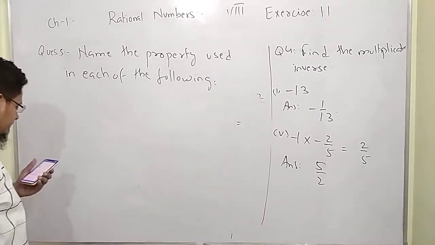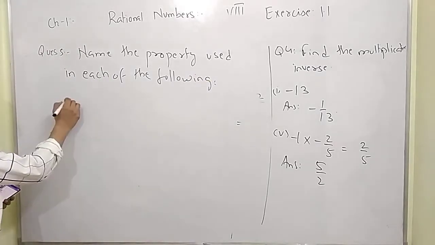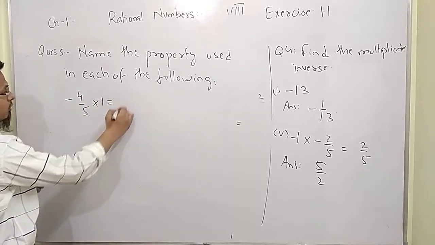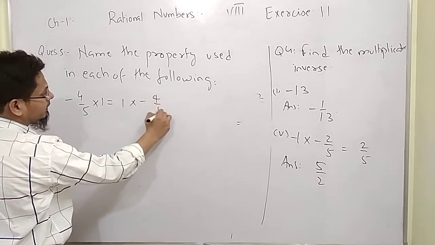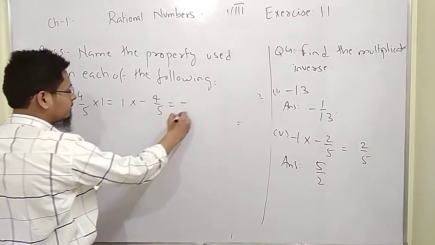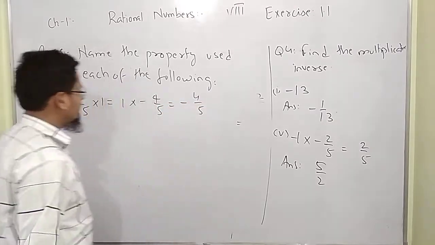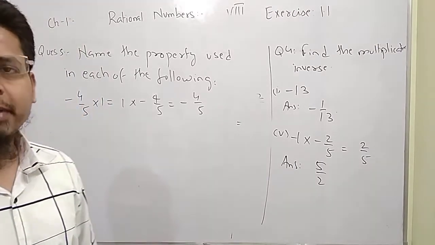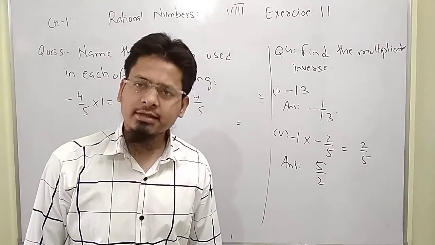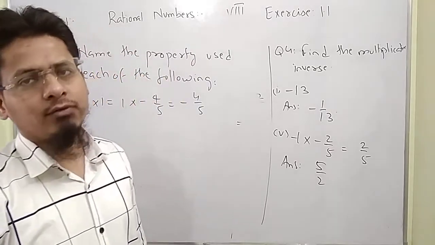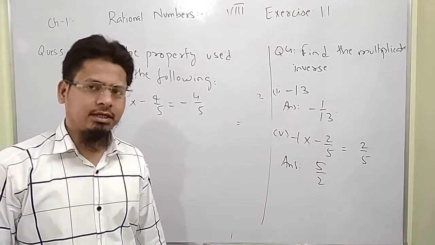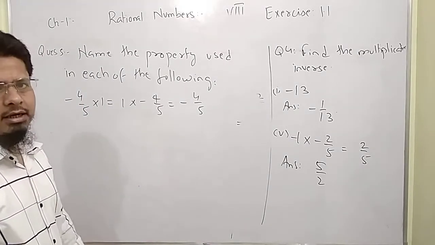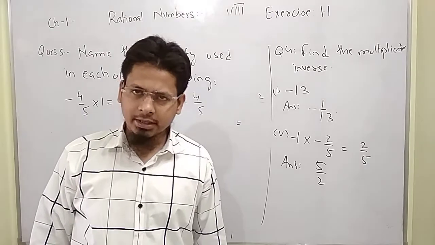And the numbers are minus 4 upon 5 into 1 is equal to 1 into minus 4 upon 5, and that is equal to minus 4 upon 5. Here you see the 1: I am multiplying that number minus 4 upon 5 by 1 and the answer is coming the same. So now 1 is the multiplicative identity, right? This expression is telling us that 1 is a multiplicative identity.